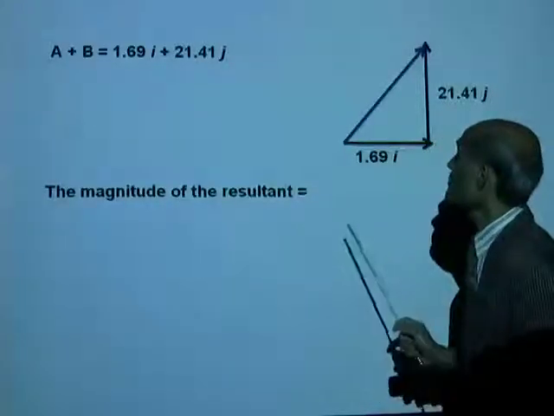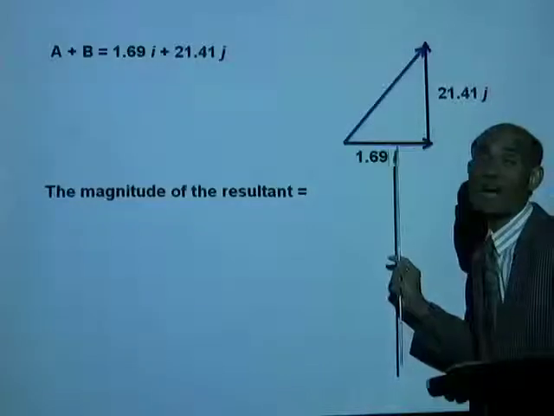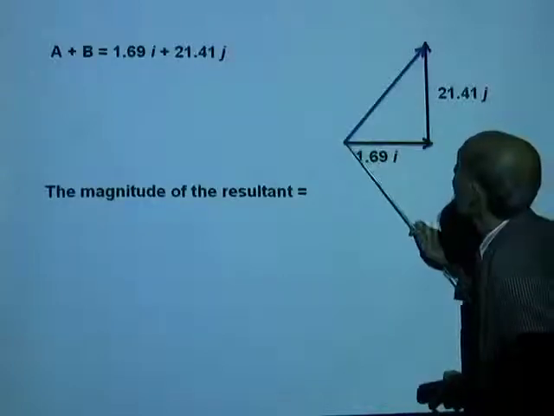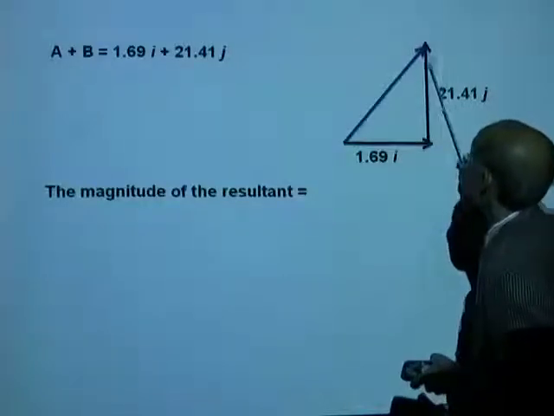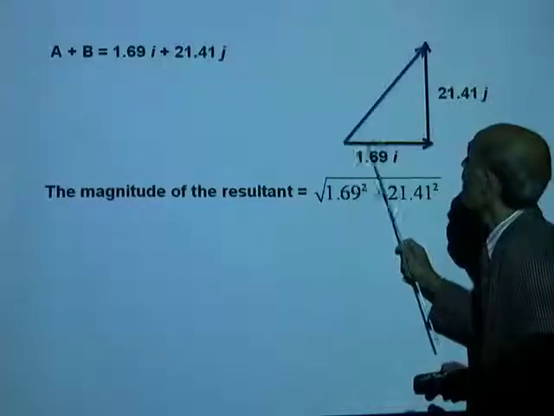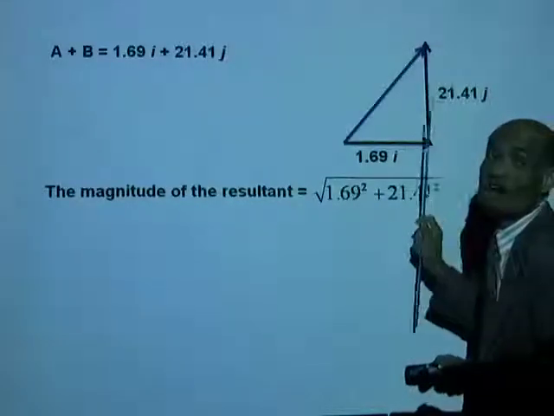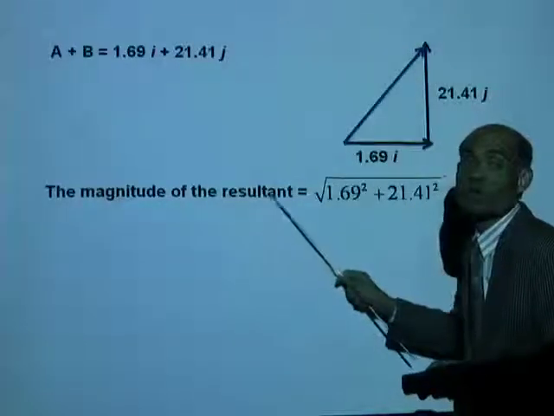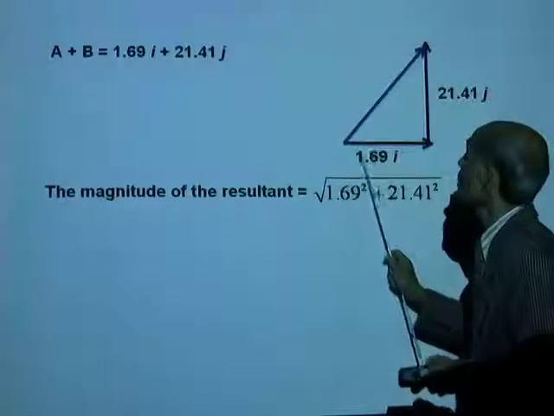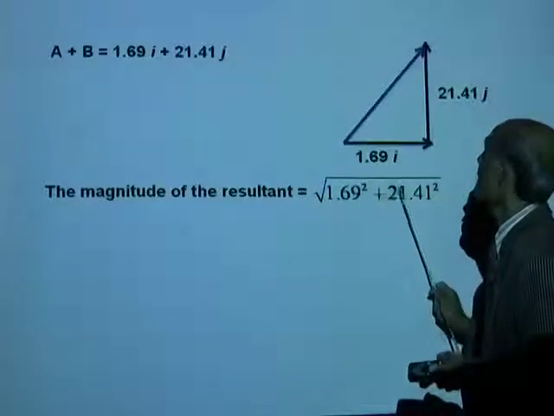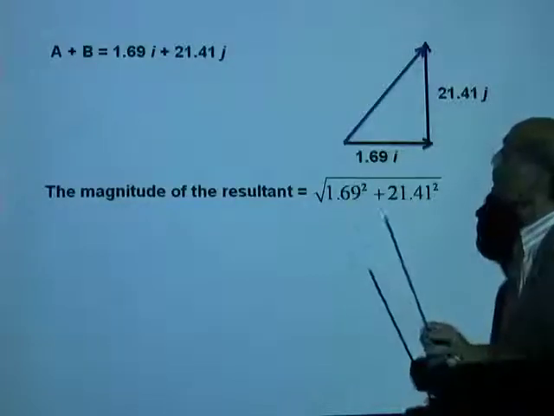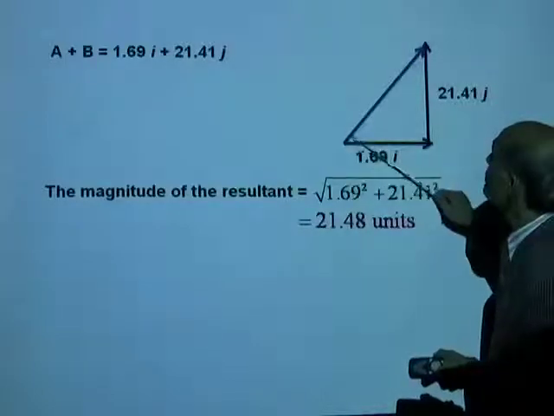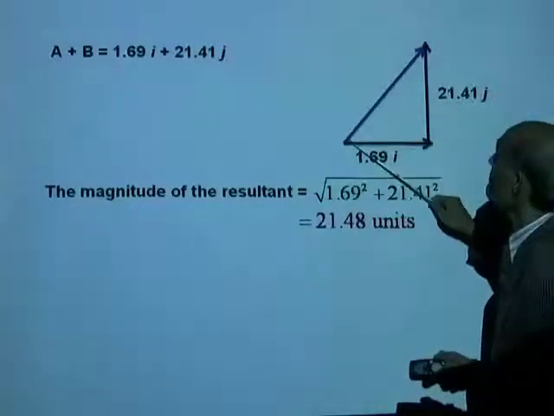The magnitude of the resultant is, now tell me, how do you obtain the magnitude? The magnitude will be square root of x squared plus y squared, which will give you the length of the hypotenuse. The magnitude of the resultant is square root of 1.69 squared plus 21.41 squared, and that will be 21.48 units. The length of the resultant vector is 21.48 units.